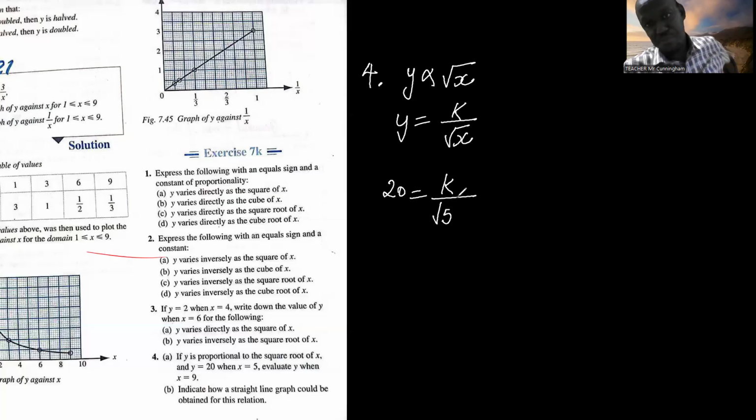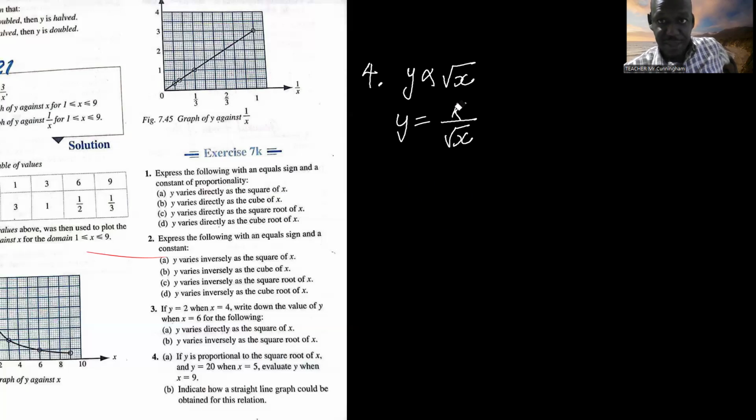All right? So it will be 20 times root 5. Wait. No, this is wrong. Nobody is telling me anything, but hold on.